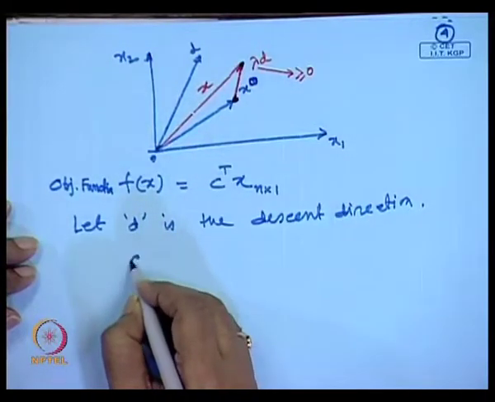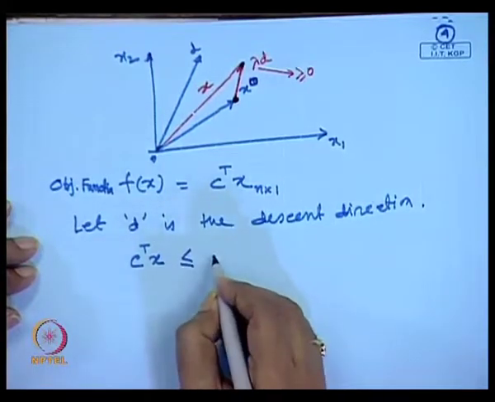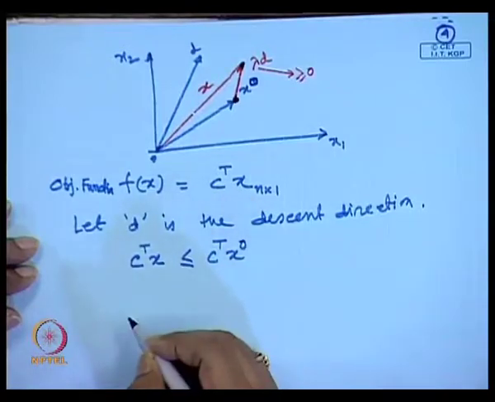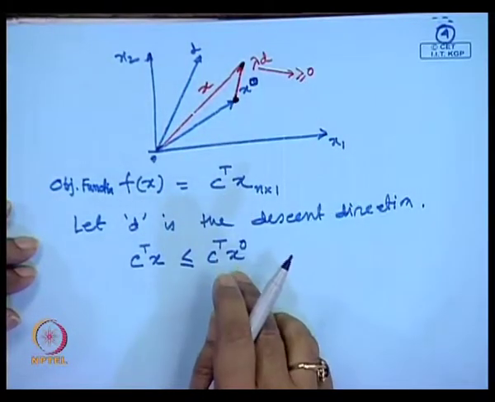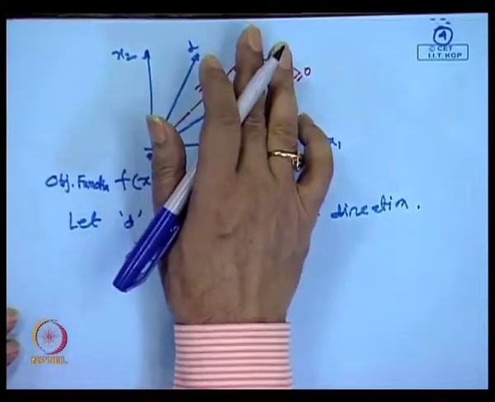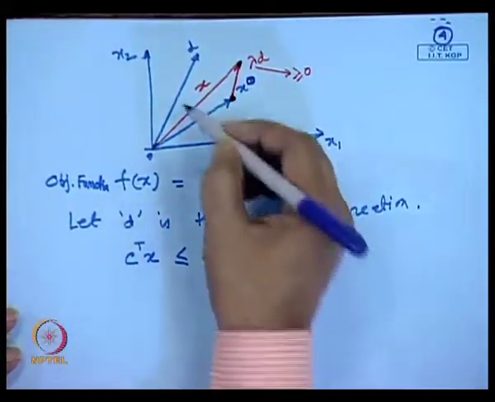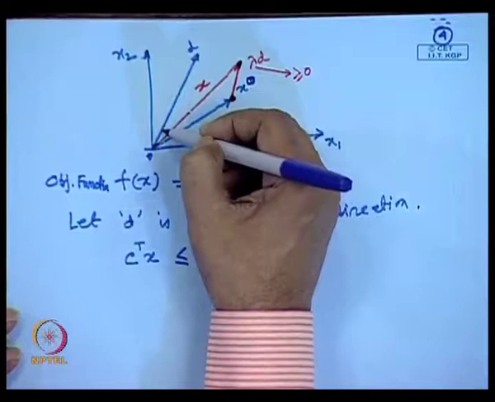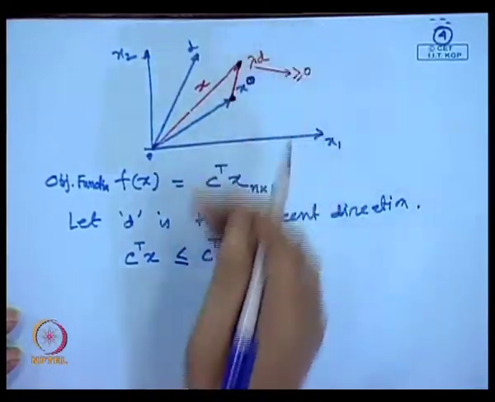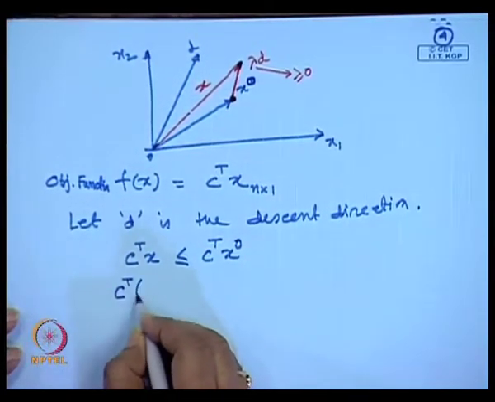So, C transpose x must be less than C transpose of our initial vector of decision values. Then we are moving in the right direction to minimize the function. That is the descent direction, and from this point we drew this parallel one. Now, C transpose x is what?